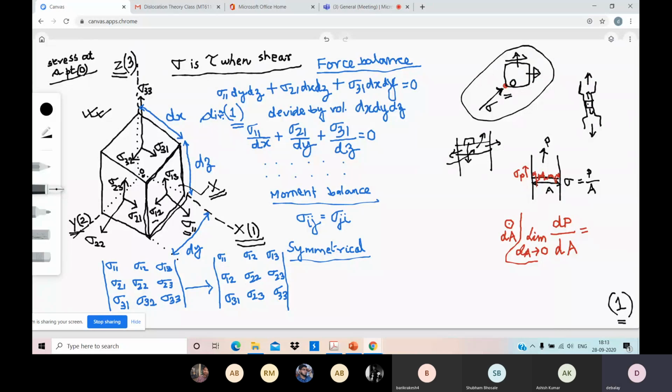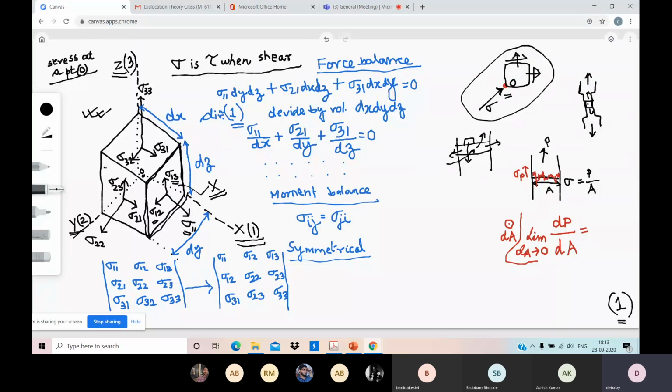On the other hand, sigma 1,2 and sigma 1,3 are acting on the x plane along direction 2 and along direction 3 respectively.